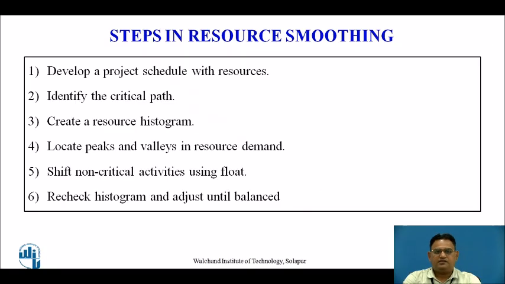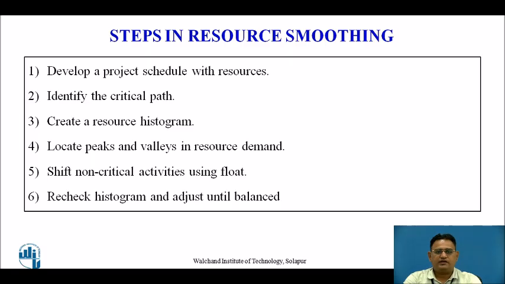Now let's see the steps in resource smoothing. As we know, the project schedule with the resource is much more important. Here we have to construct the overall project network, and we have to declare the critical path and the activities which are non-critical and the critical ones.